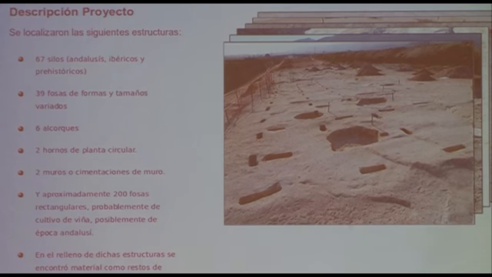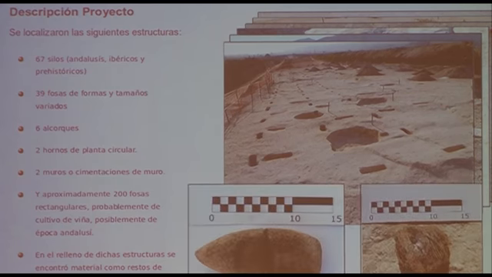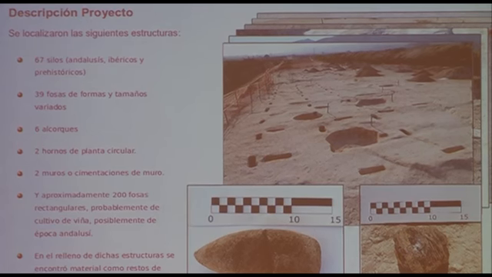And in the structures, we found different materials such as clay, stone, axes, arrow tips. These are just some examples of the objects found.